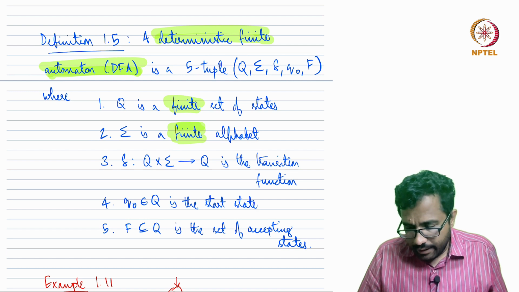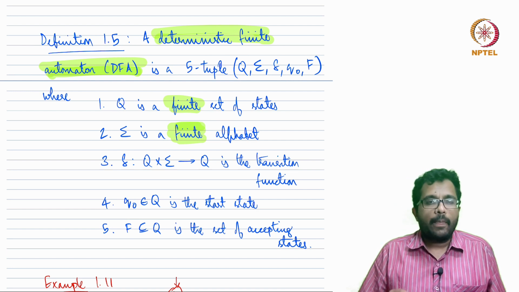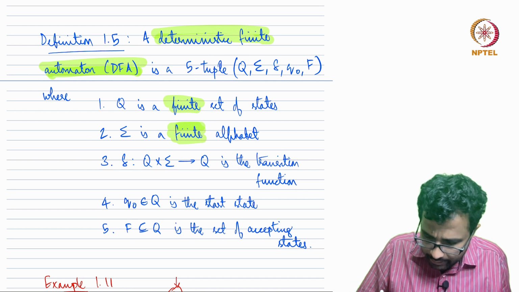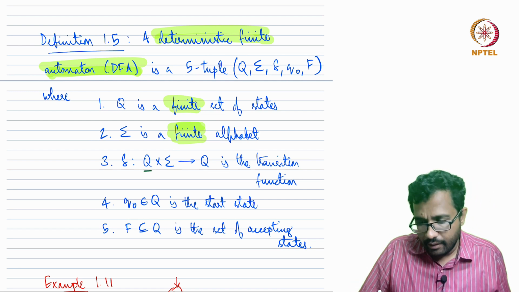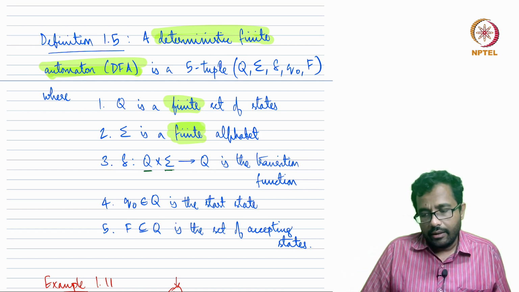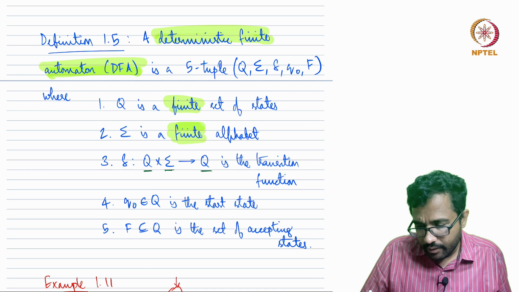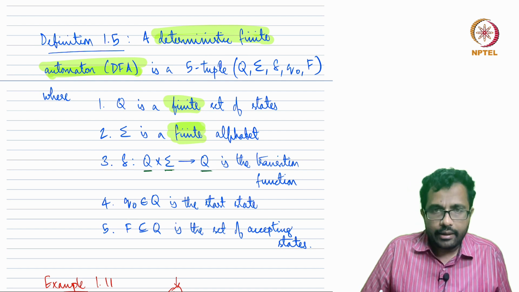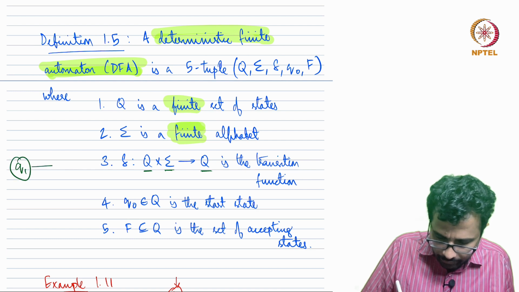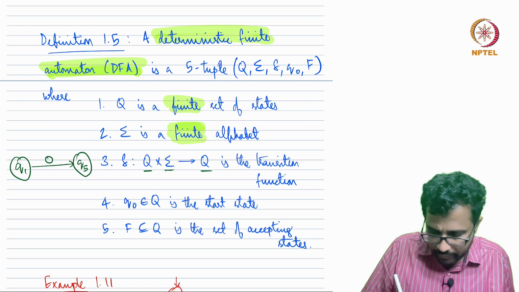So delta is a transition function. It takes two things: one is the current state, and the other is the next symbol that you are reading, and then it gives the next state. So if you are in a certain state, let's say q1, and if you see a 0, this may say you go to q5.